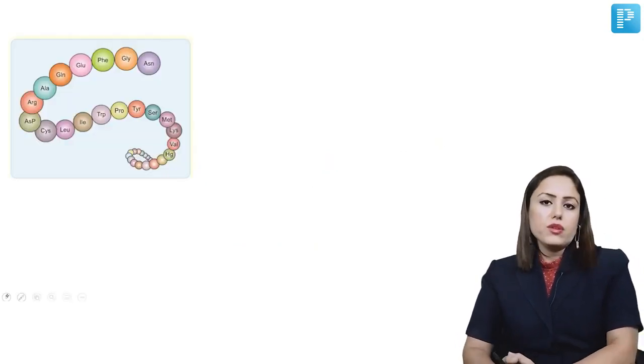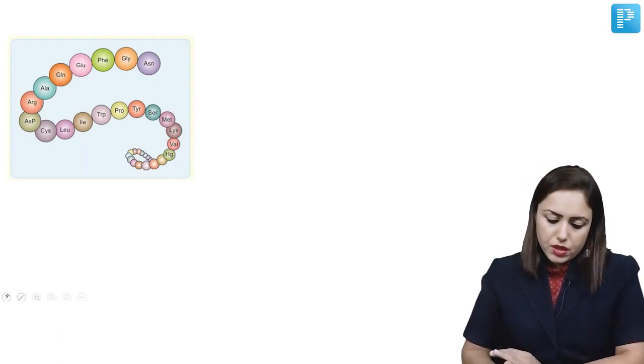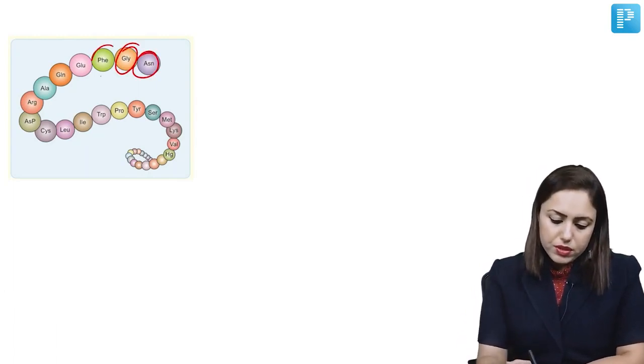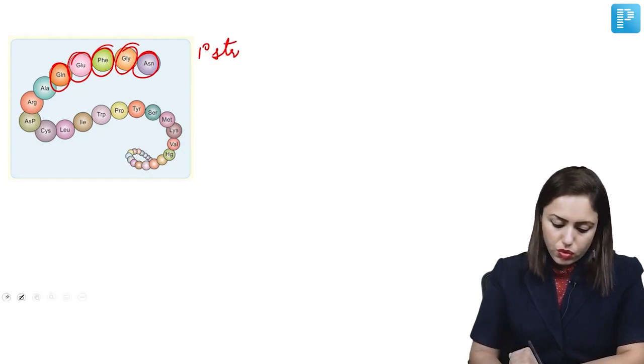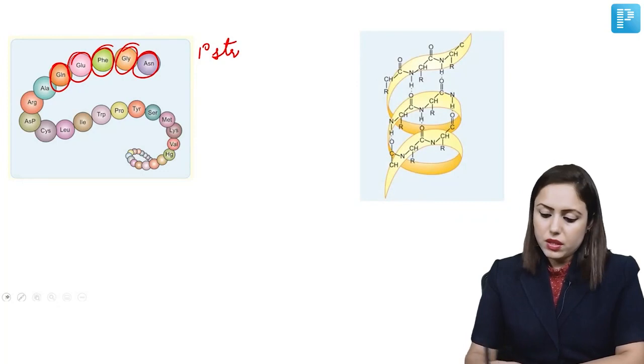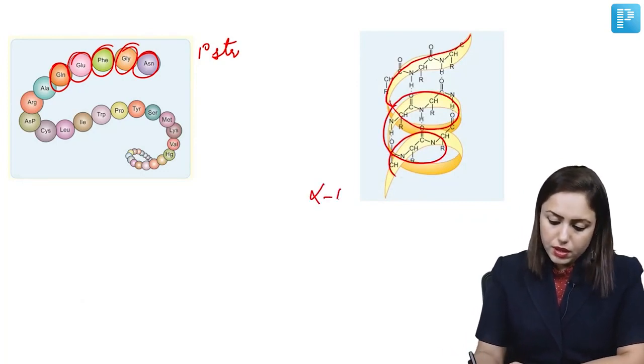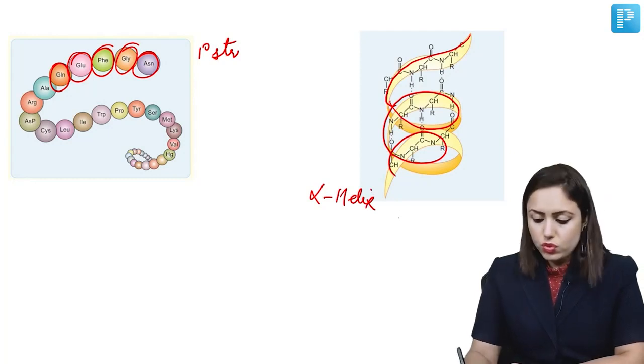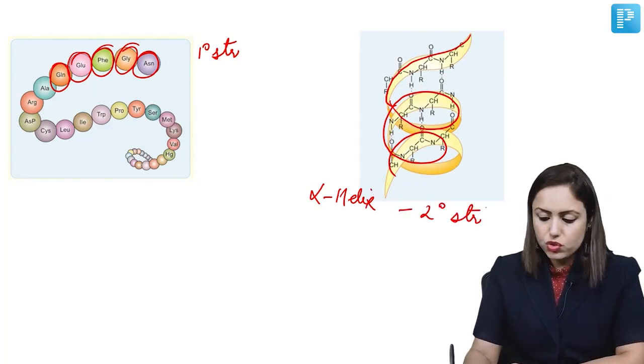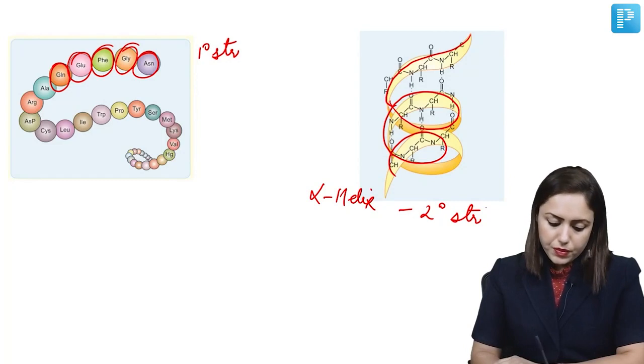Then can you tell me which is this structure of protein? Primary, secondary, tertiary. Here all the amino acid sequence is given, so this is the primary structure of protein. Then this one is alpha helix, so this is the secondary structure of protein.